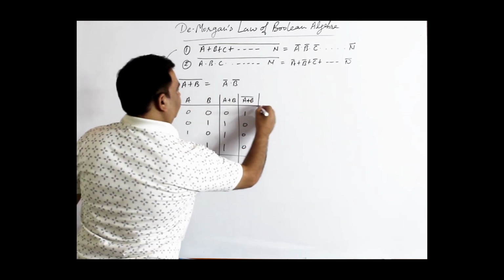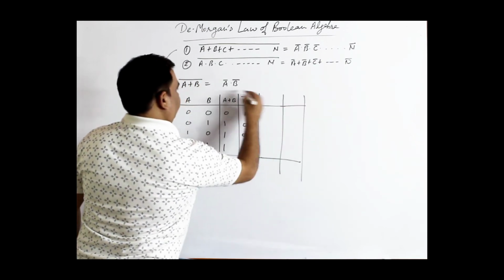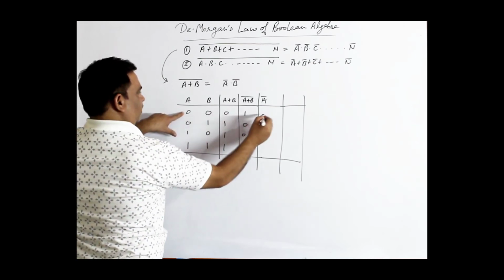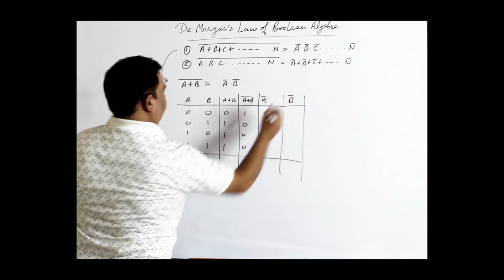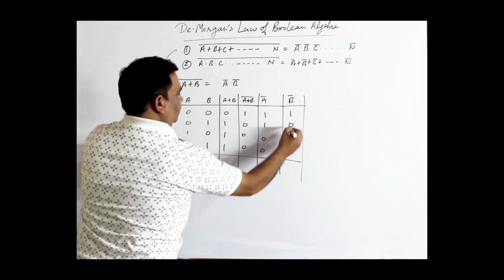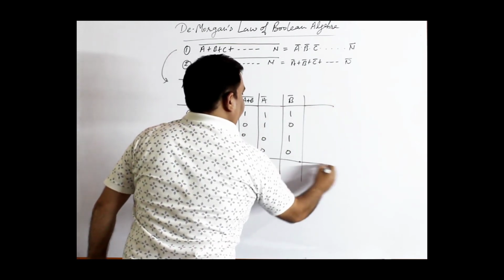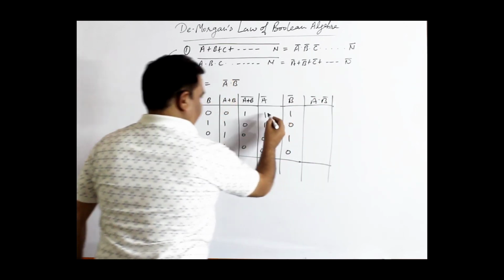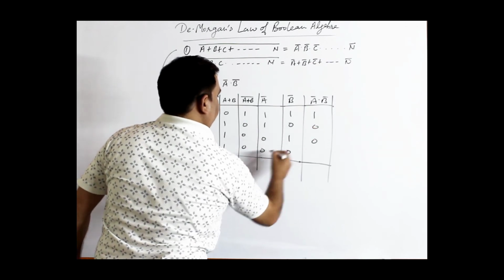On the right side, first is A complement, the reverse of it, 0 changes to 1 and 1 changes to 0. Complement of B is 1 0 1 0. Now their product using the AND gate, A complement dot B complement, is 1 0 0 0.